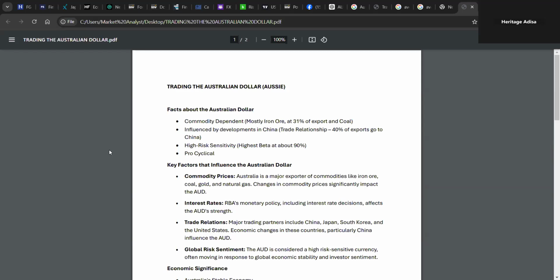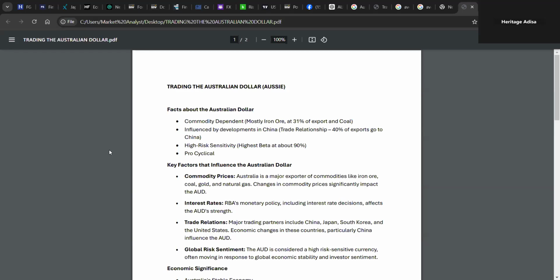You should not just trade the Australian dollar blindly without paying attention to these factors. Are we on the same page?